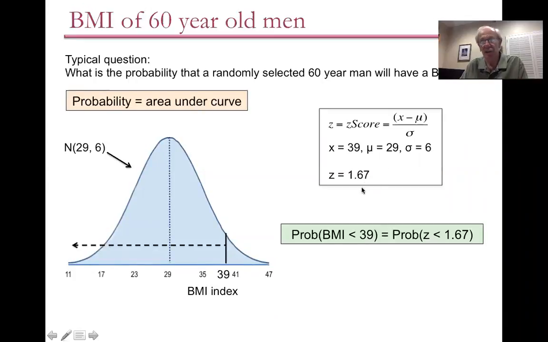And the probability that the BMI is less than 39 is equal to the probability that Z is less than 1.67. So any question that you can ask about the BMI can be translated into a question about Z, where Z is from the standard normal curve.